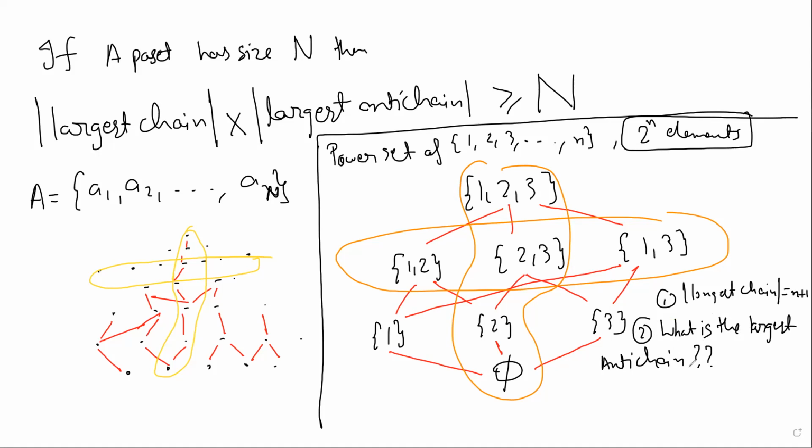Anyone? How big can you get? Like in this case, it is 3, right? How big a set can you create such that none of them are contained in the other?